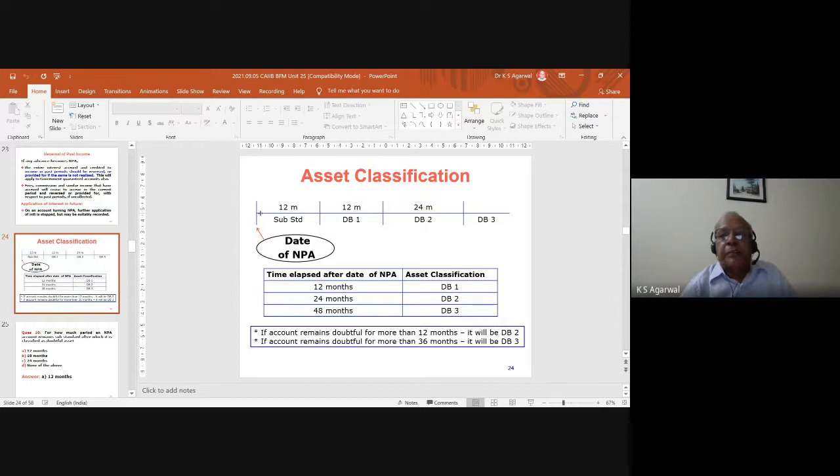If 48 months have passed from date of NPA, it will become DB3. The question can also be asked like this: if it remains doubtful for more than 12 months, it will become DB2. If it remains doubtful for more than 36 months, it will be DB3. So there can be different permutations and combinations in framing the question.